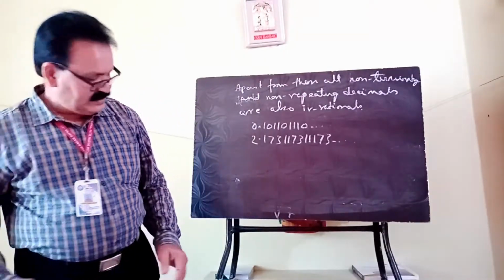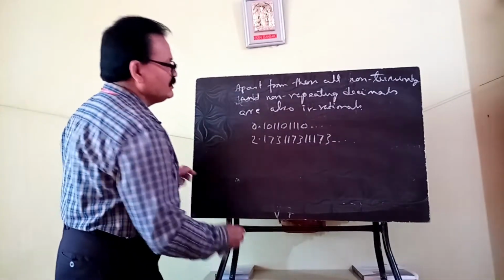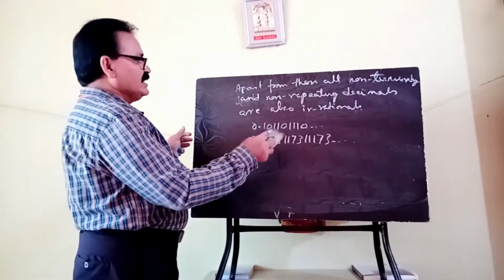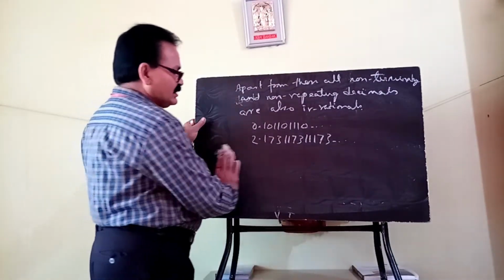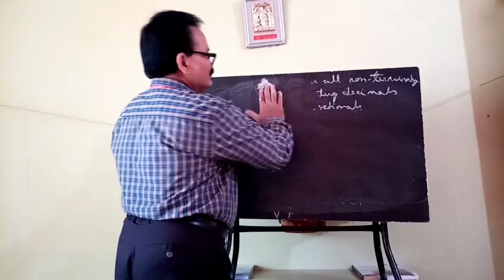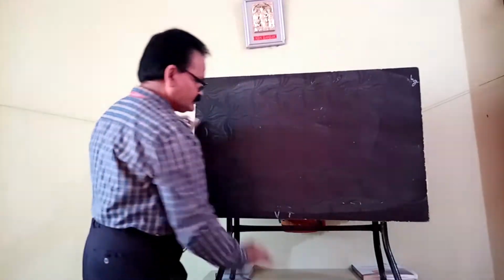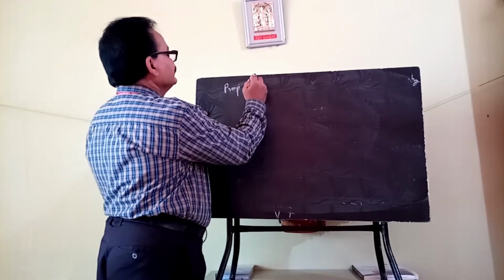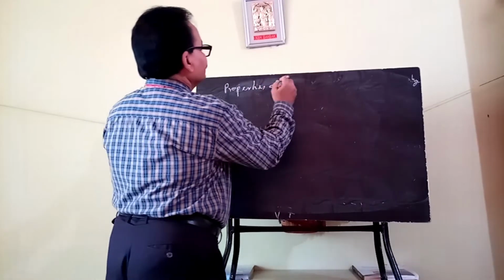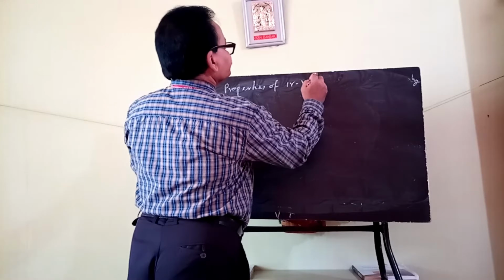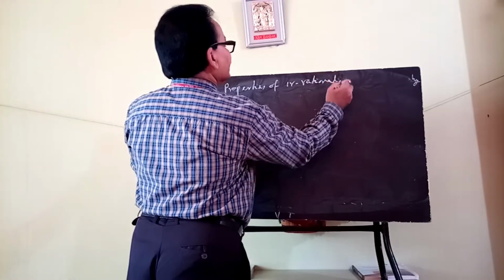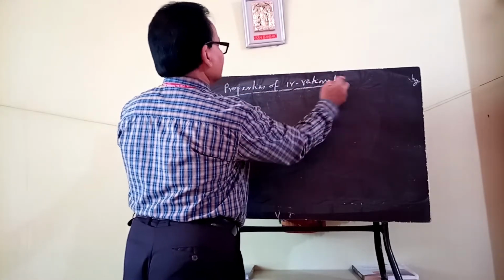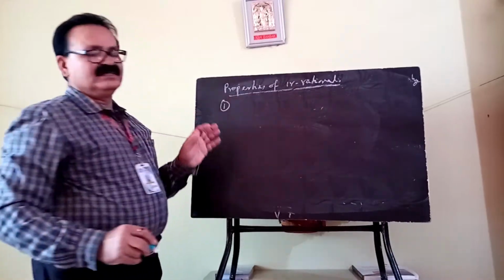Now I will see some properties of irrational numbers as compared to that of rational numbers.